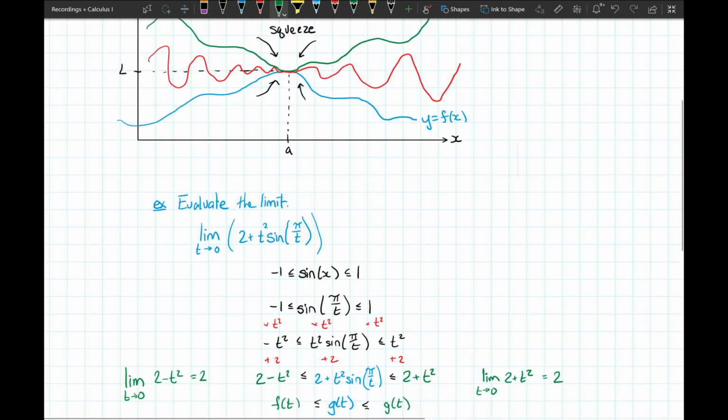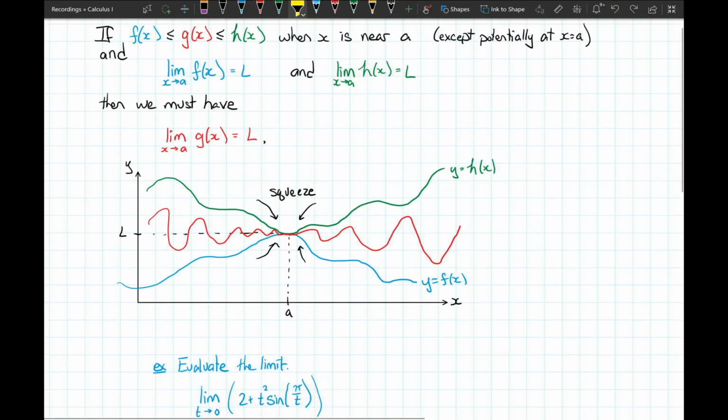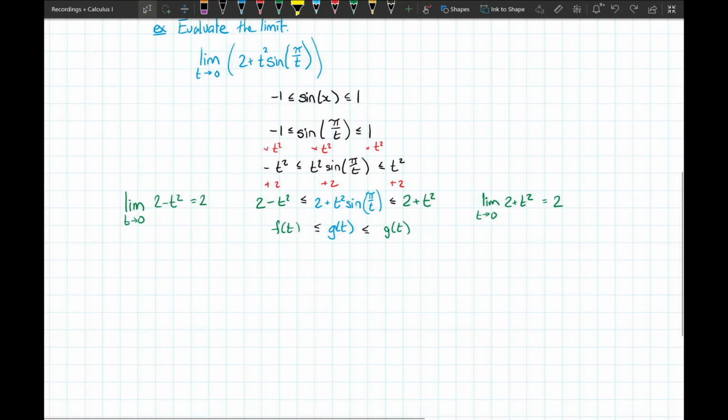It's worthwhile to make sure you've met all the conditions. We've got the condition of g being sandwiched between f and h. We've got the condition that the limits of f and h as x approaches 0 are both the same value, 2. And then we can produce a result.